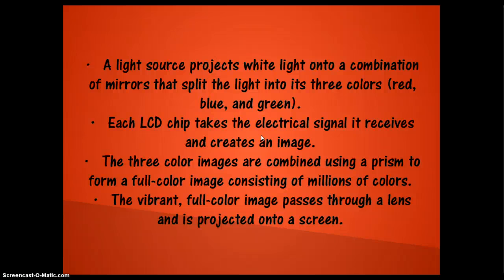One is red, one is blue, and one is green. And at the very end, all those colors come back together. Each image, which there's a red one, a blue image, and a green image of the same picture, they all go over each other and they form a multicolored image. And so that's what you see when the projector puts the image on the wall.